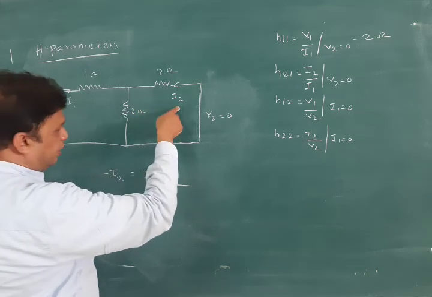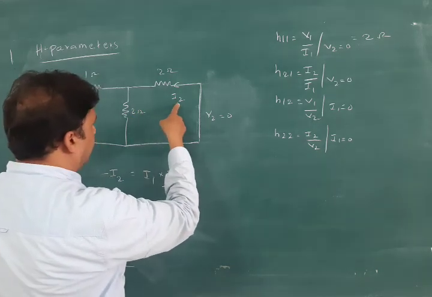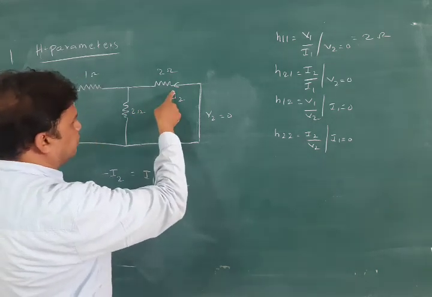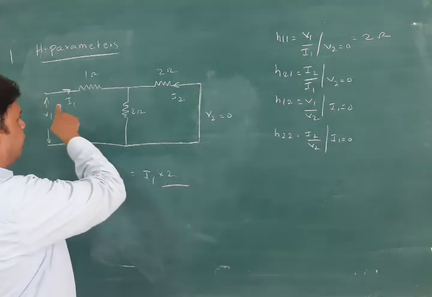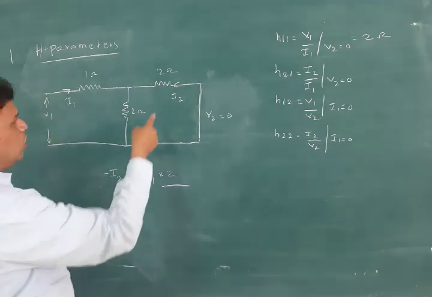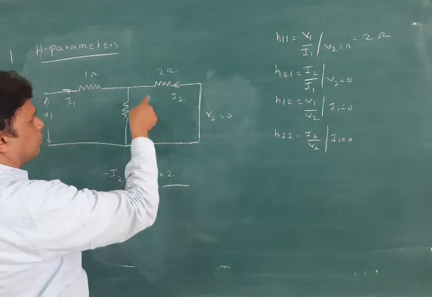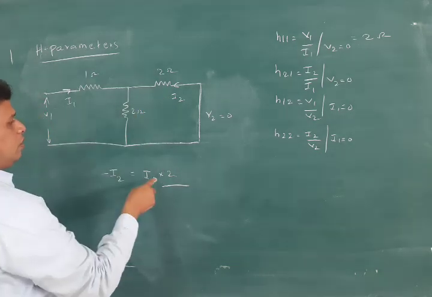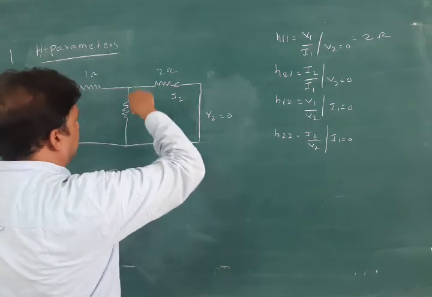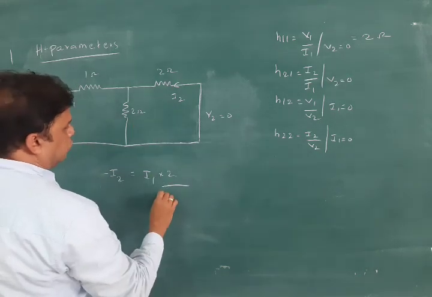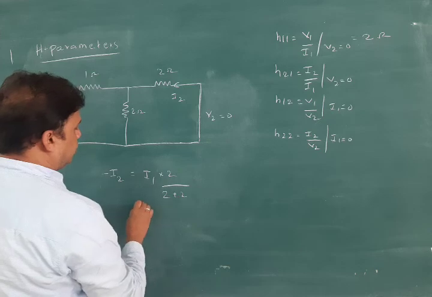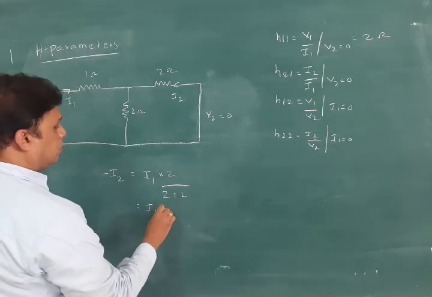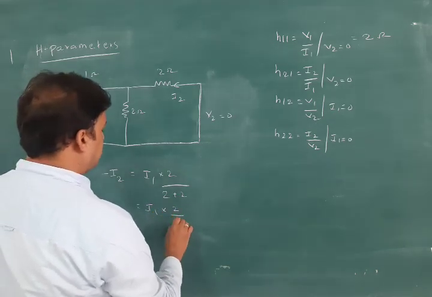Total current flowing from here is I1, into the opposite resistance, by total resistance 2 plus 2, that is I1 into 2 by 4.